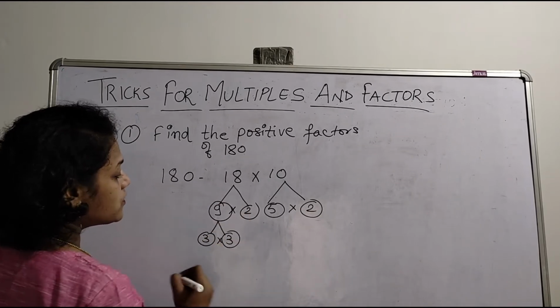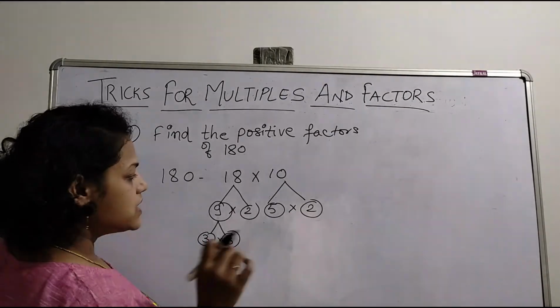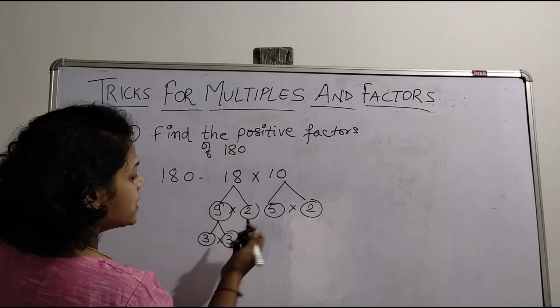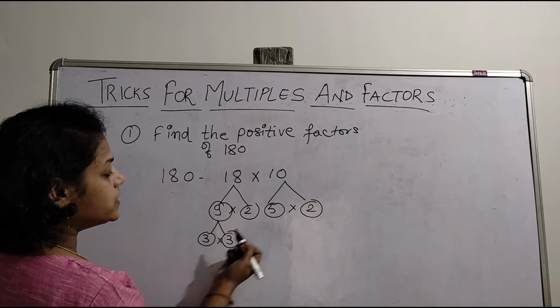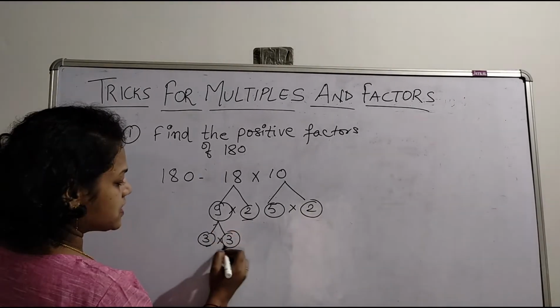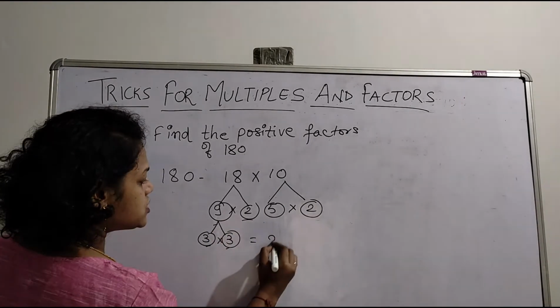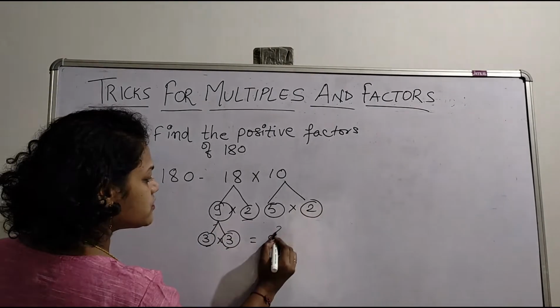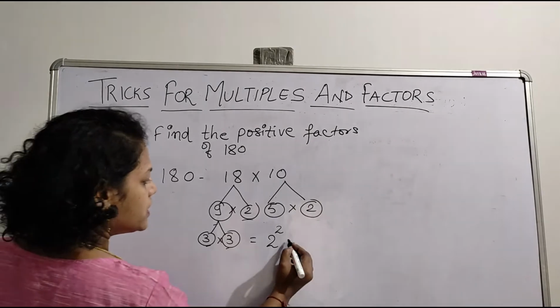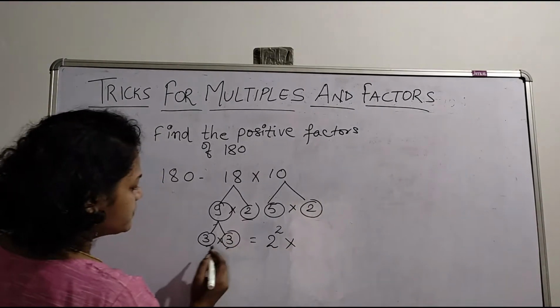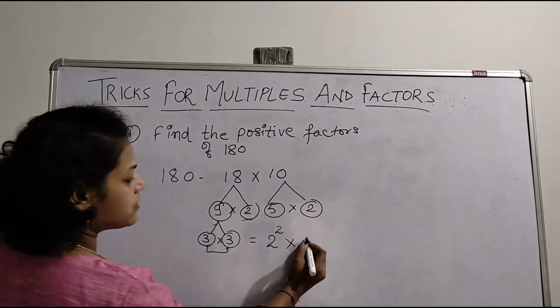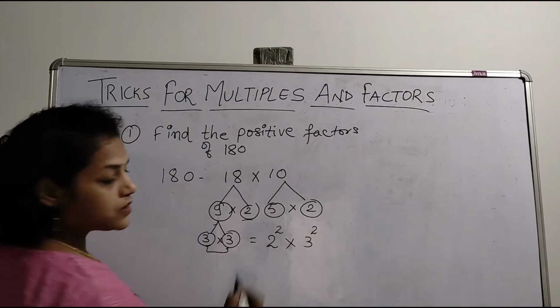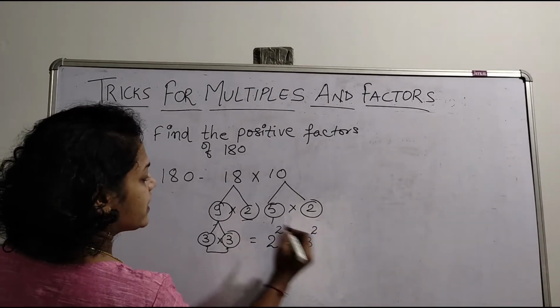Here you have to count how many times each factor appears. 2 appears 1 time and here 1 more time, so 2 to the power 2. Again 3 is there, 3 to the power 2, and 5 is there 1 time.